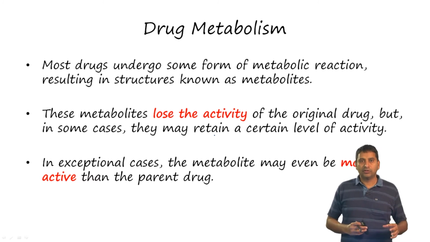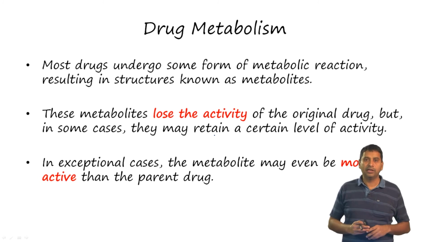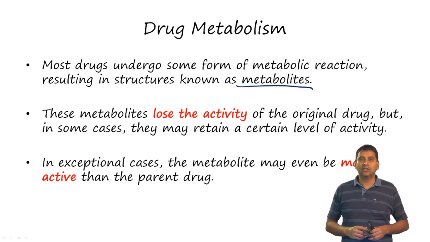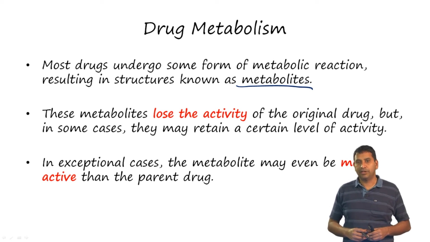So, most drugs undergo some form of metabolism inside the body, okay, and these resulting structures are known as metabolites, right. These metabolites sometimes lose the activity of the original drug.